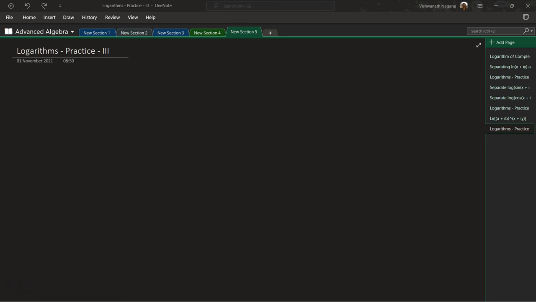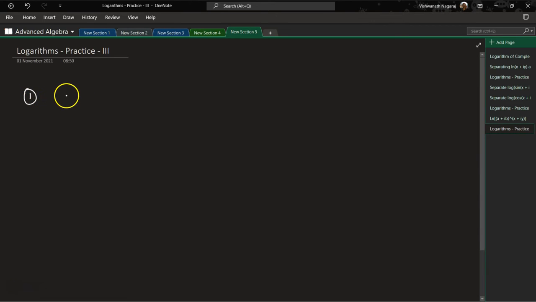Let's do a couple of problems. The first one: we have to figure out what i to the power of i equals. Remember, this can be written as 0 plus i to the power of 0 plus i.